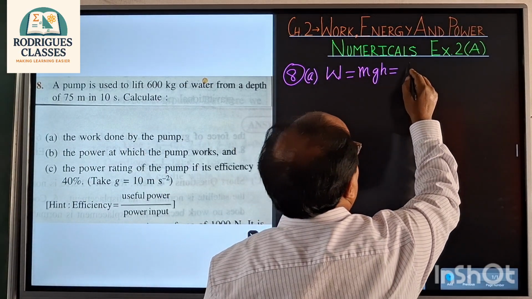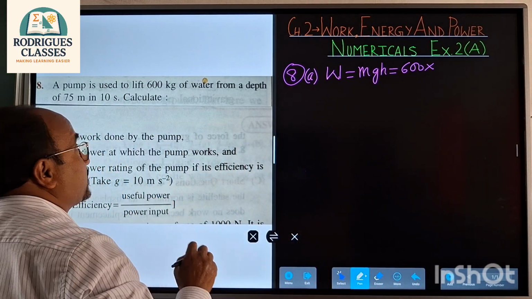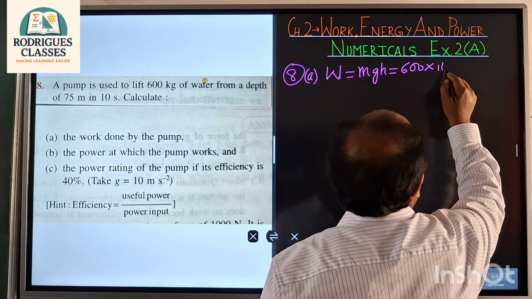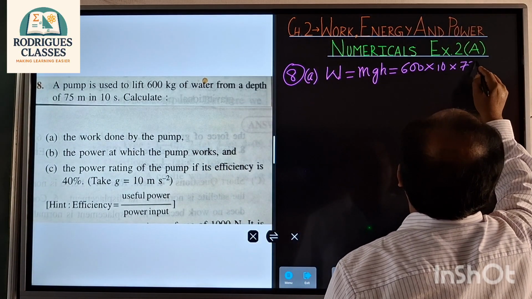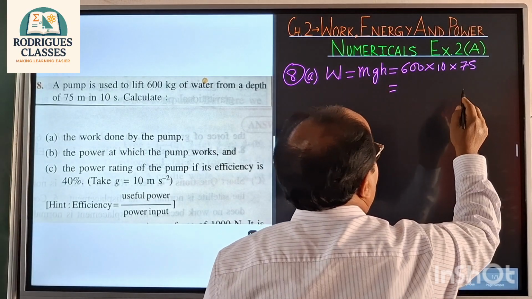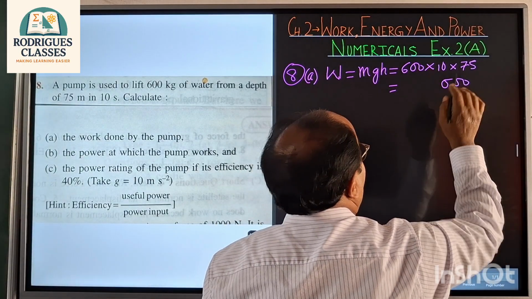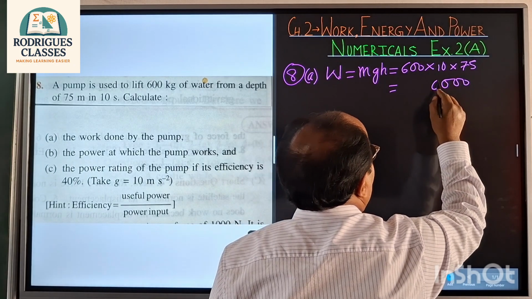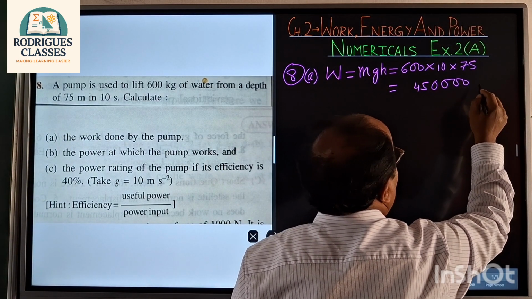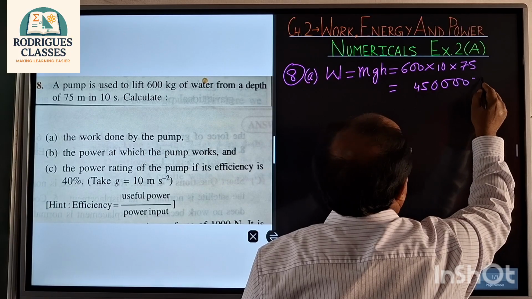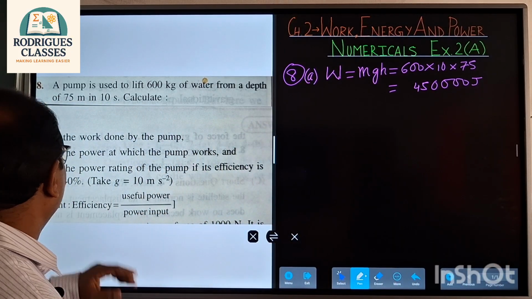So the mass is 600, g value they have asked us to take as 10, and h is given to us as 75 meter. So you need to calculate it out. First of all, I am writing 3 zeros. 6 and 75 to be multiplied, 6 5s are 30, 0, 3 carry, 42 and 3 will give me 45. This much is what we are finding as work done, so I will write it as joule. So the A part is done.